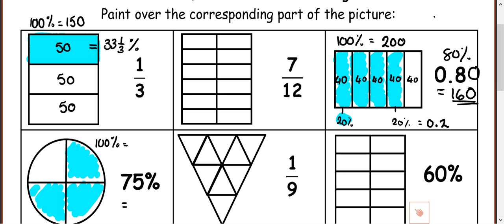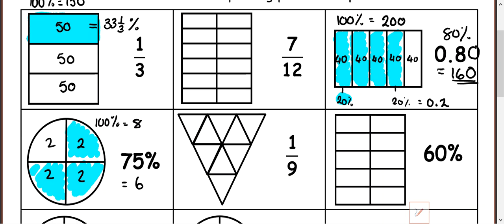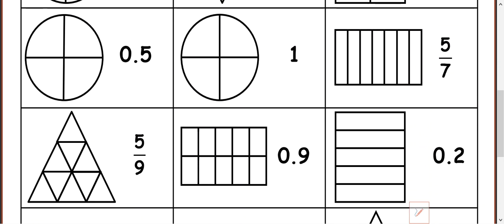So I'm going to pick a number and say 8. So if 100% is 8, each bit is worth 2, 2, 2, and 2. So 75% is 6. So you're not allowed to use that one. You have to do a different one for yourself. But I would like you to do the same thing for all of those diagrams, please.